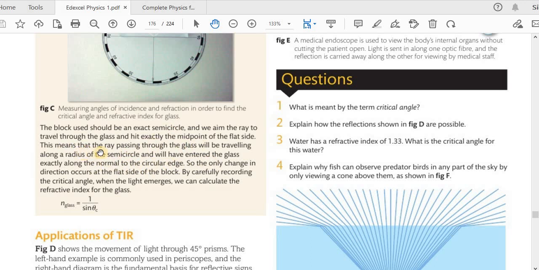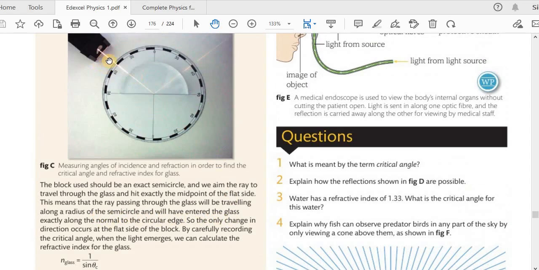This means that the ray passing through the glass will be traveling along a radius of the semicircle and will have entered the glass, along the radius of the semicircle, exactly along the normal to the circular edge. So the only change in direction occurs at the flat side of the block.